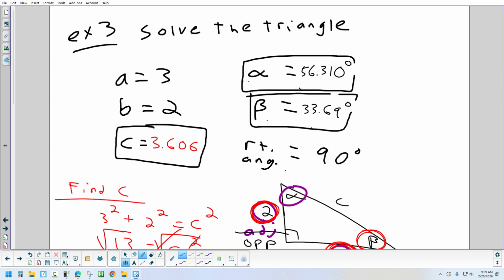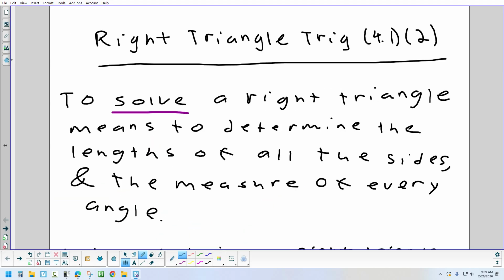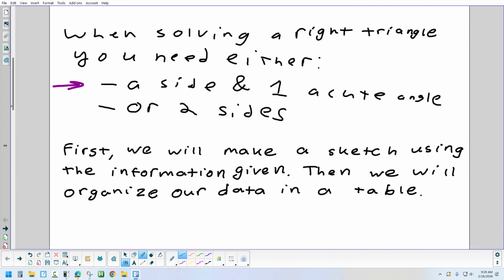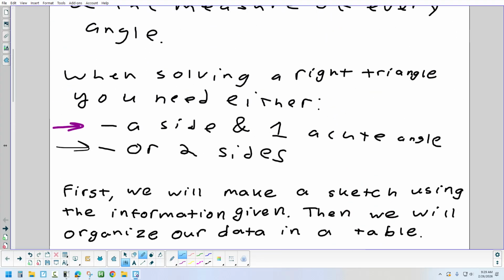Okay, any questions on this second type, where you have 2 sides? Whenever you are given this kind of problem, you always have to use inverse trig. You can't do a 2-side problem without inverse trig.